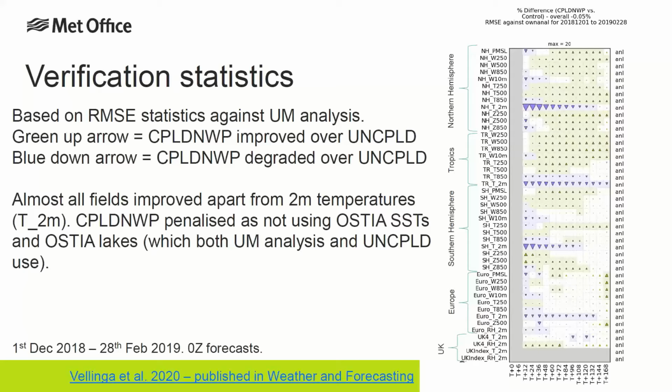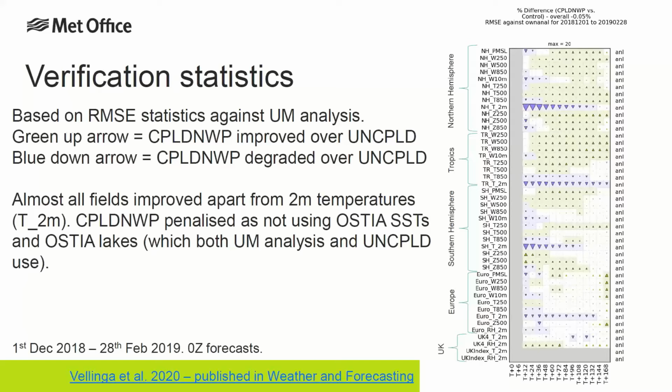You can see that the coupled NWP model has improved in virtually all fields, apart from 2-meter temperatures in the different regions. Part of the reason for that is that the uncoupled model is unfairly at an advantage, because both the UM analysis and the uncoupled model use Austia sea surface temperatures and sea ice.